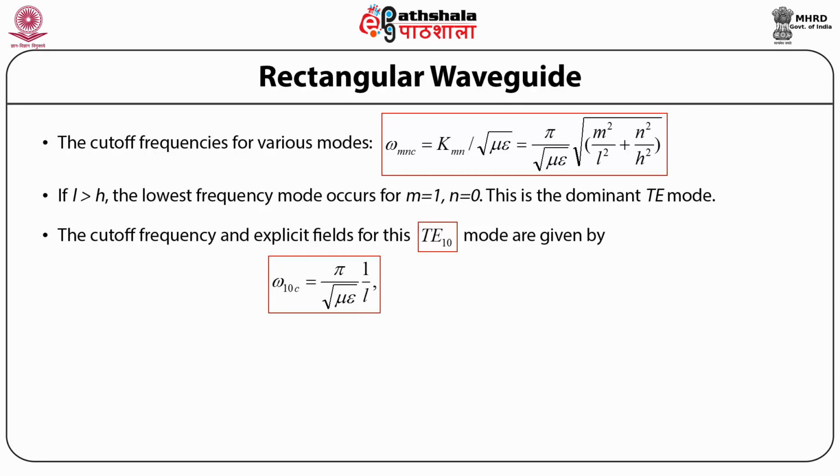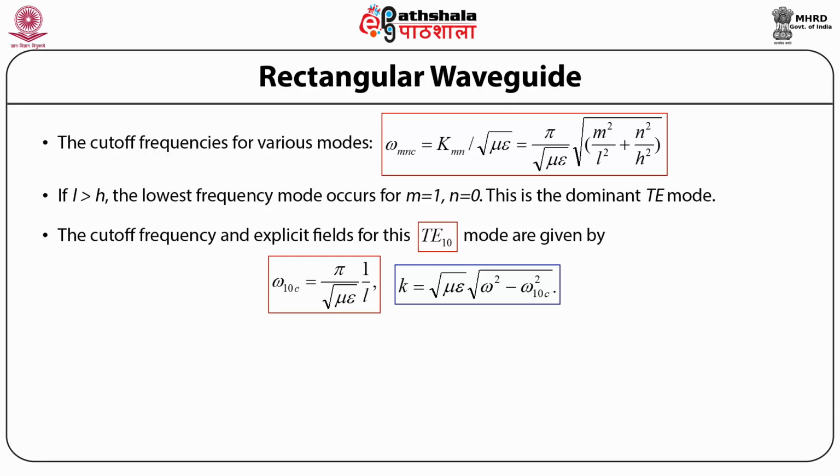This is the equation that we obtain by substituting m equal to 1 and n equal to 0 in the above equation for ω_mnc. And the value of the wave number k comes out to be k = √(με) times √(ω² − ω_10c²).